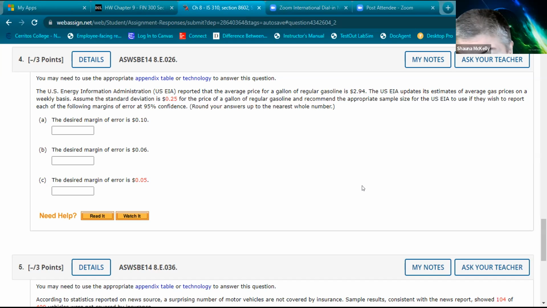Now keep in mind, we're not calculating the confidence interval, we're calculating the sample size. So my error here is 0.10.